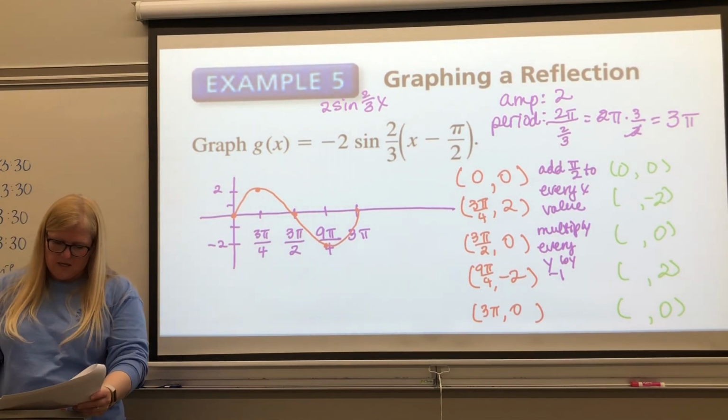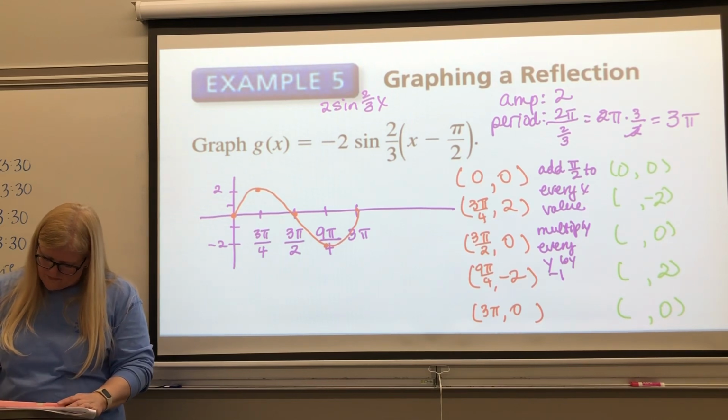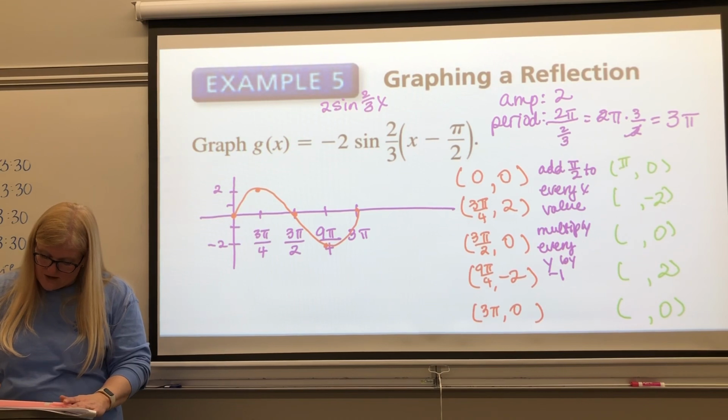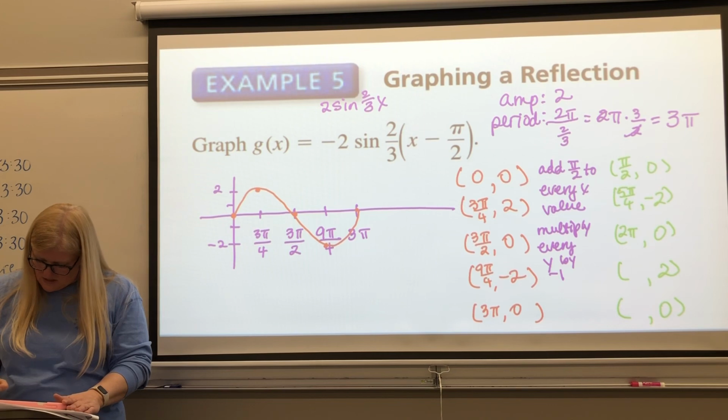Oh, of course this isn't 0. What am I doing? This is pi over 2, because 0 plus pi over 2 is pi over 2. This is 5 pi over 4. This is 2 pi. This is 11 pi over 4. And this is 7 pi over 2.